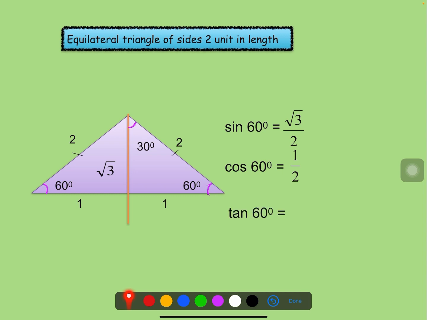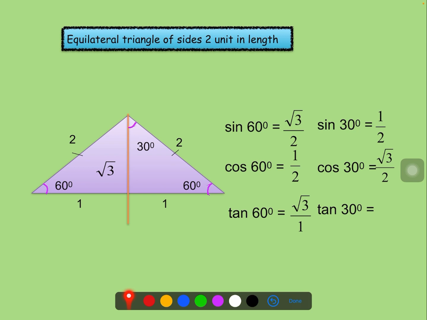Tangent 60 is root 3 over 1. Sin 30 is 1 over 2. Cos 30 is root 3 over 2. And lastly, we have tangent 30 is 1 over root 3.